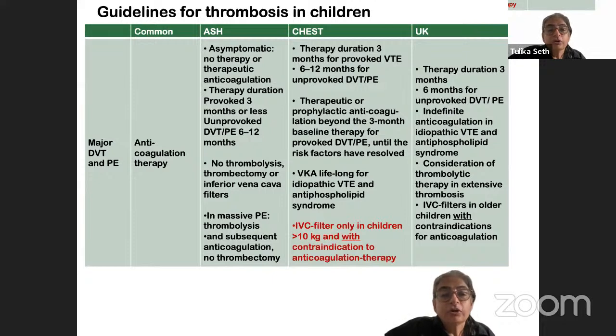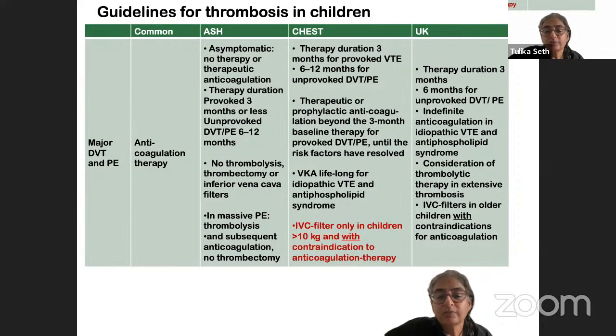For the pulmonary embolism, if it is due to antiphospholipid syndrome, then they recommend lifelong vitamin K antagonist therapy, though antiphospholipid syndrome is rare in pediatric patients. The only indication for an IVC filter is in children who are larger than 10 kg with a contraindication to anticoagulation therapy.